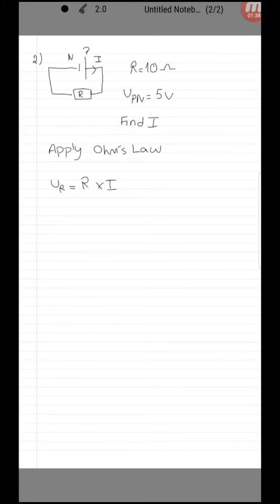Now, the voltage of the resistor UR is equal to the voltage of the battery UPN, which is 5 volts, since R is the only resistor in the circuit. So UR is equal to UPN, which is 5 volts, equal to the resistance, 10, times I. So 5 is equal to 10I. 10I equals 5.